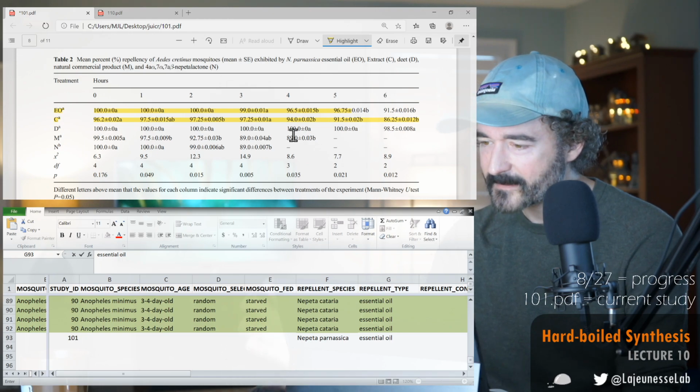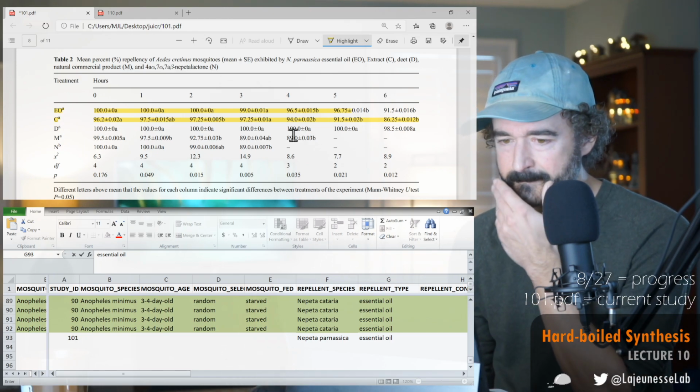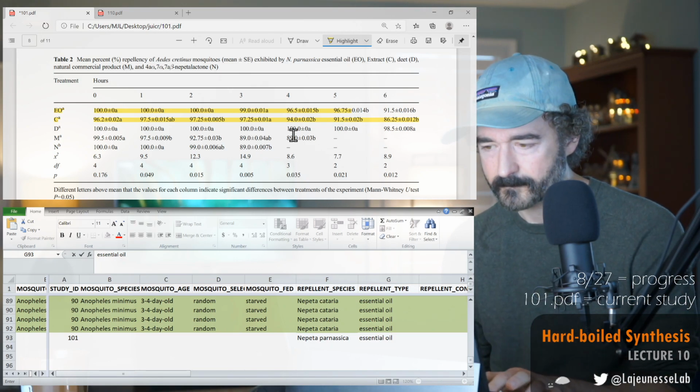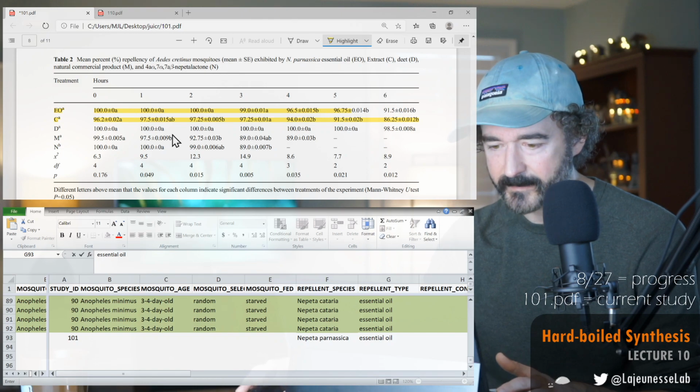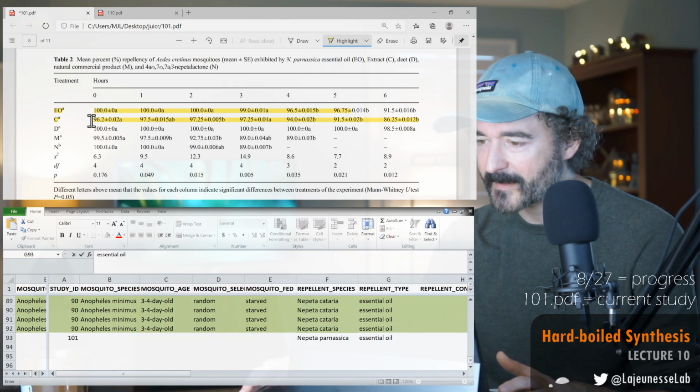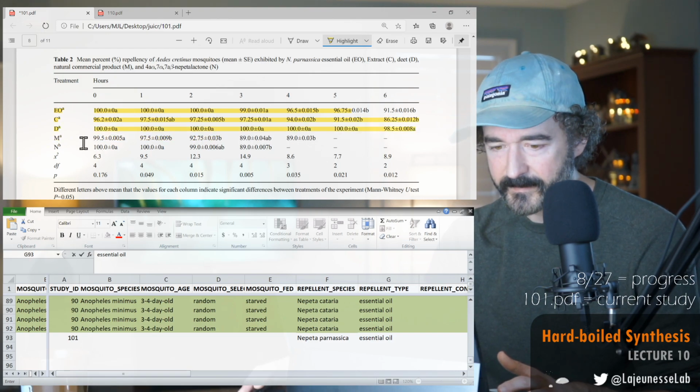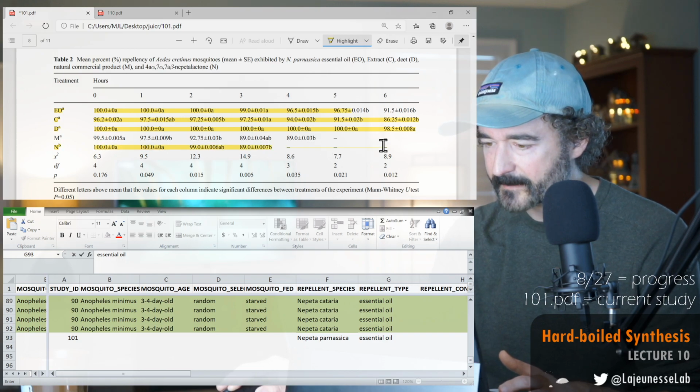No. Extract is something different, because then they have N, which is the nepetalactone. Okay, I need to look up what that extract is. That might be just this other plant that they were talking about. D, DEET, is good. M, natural product, nope. And then nepetalactone.